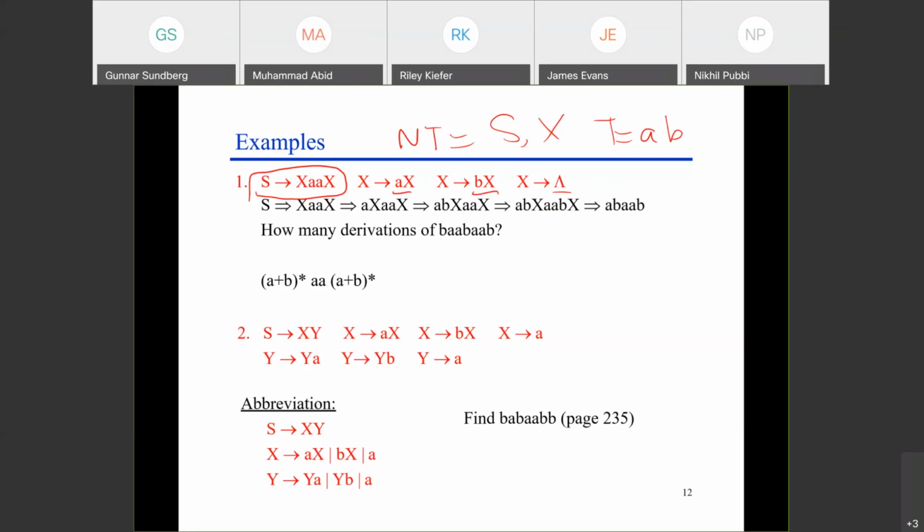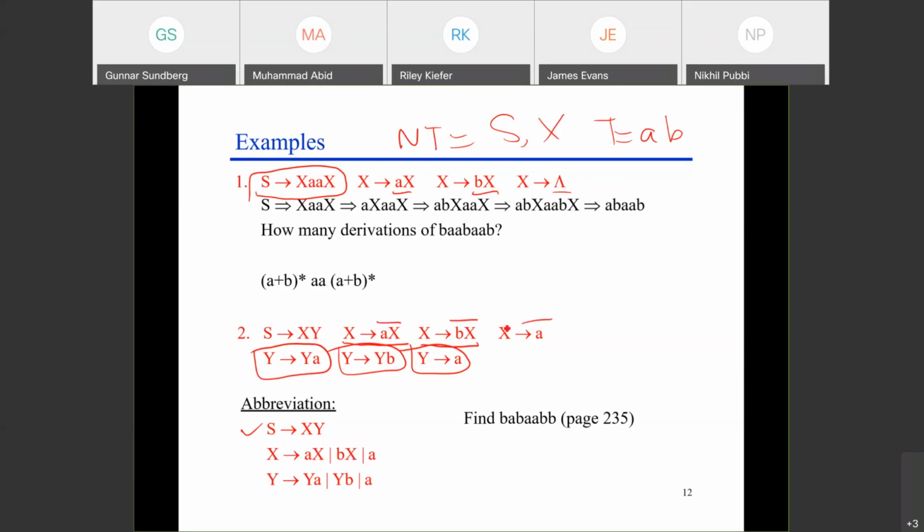Now if you have more than one production rule which can replace the same non-terminal, you can, in short, write these in this format also. S can be replaced by XY. X can be replaced by aX or bX or a.